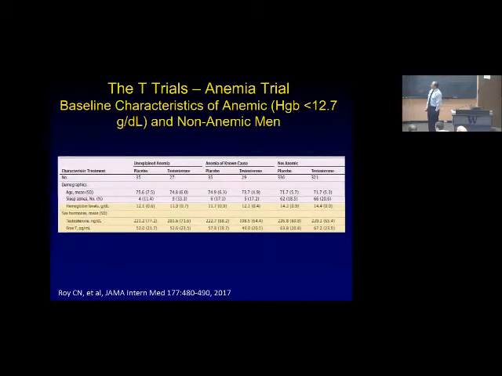The anemia trial. So the anemia trial really set out to look at the small number of individuals that was called by our hematology colleagues in the steering committee the unexplained anemia of the elderly. Now, that was a new term for me.